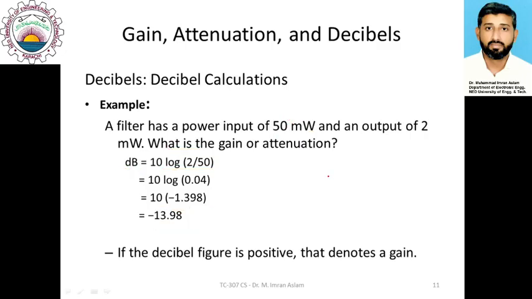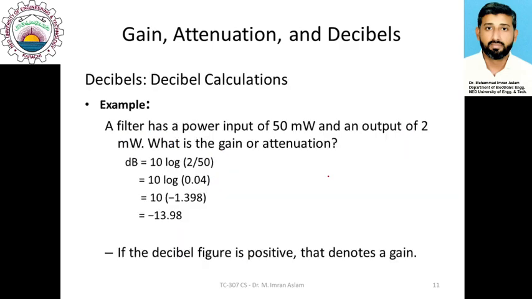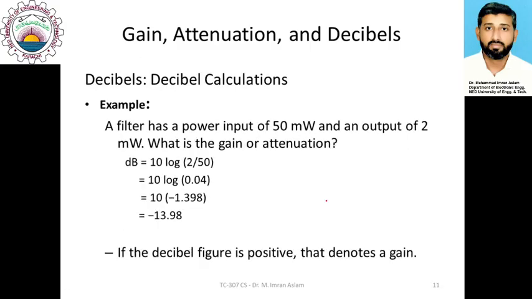Okay, so this is the decibel unit that we have used. One important thing that you should notice is that the decibel unit is defined for ratios, V out upon V in. Sometimes we do not have a specific ratio.